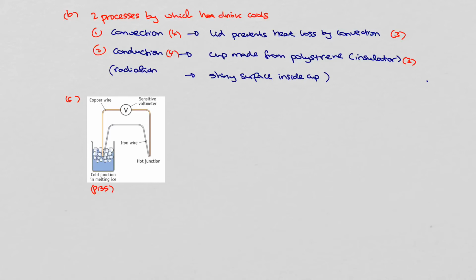So we say we have 2 different metals joined together to form a complete circuit, as in the diagram.